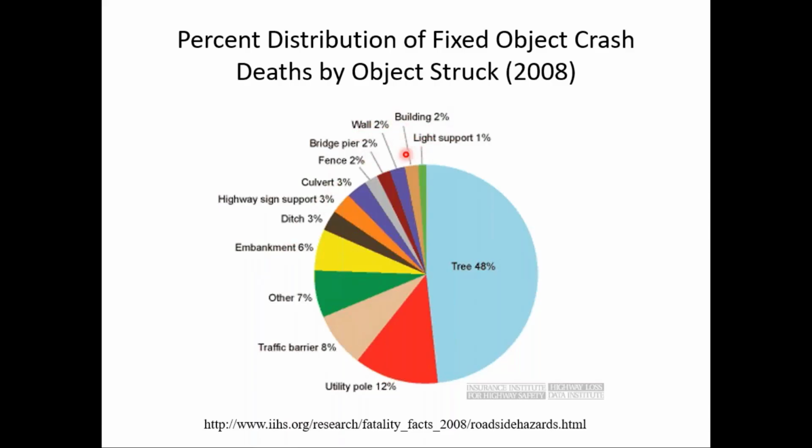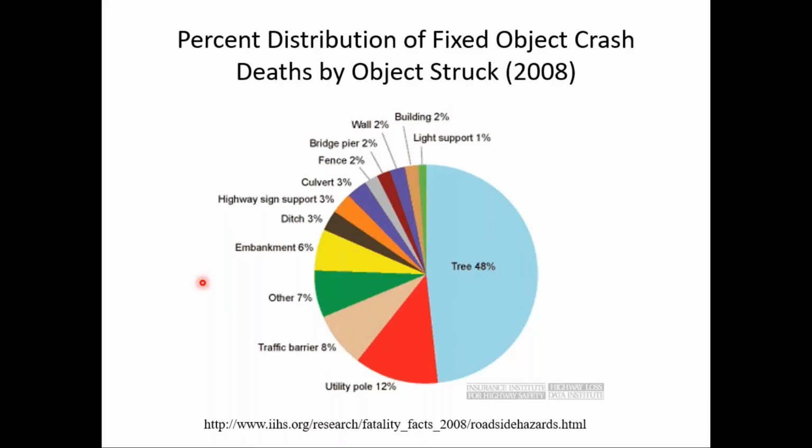Many of these are features that we in the public works field install along roadways as part of road construction or even to enhance safety. And the point is that they can represent fixed object issues for motorists who leave the roadway.